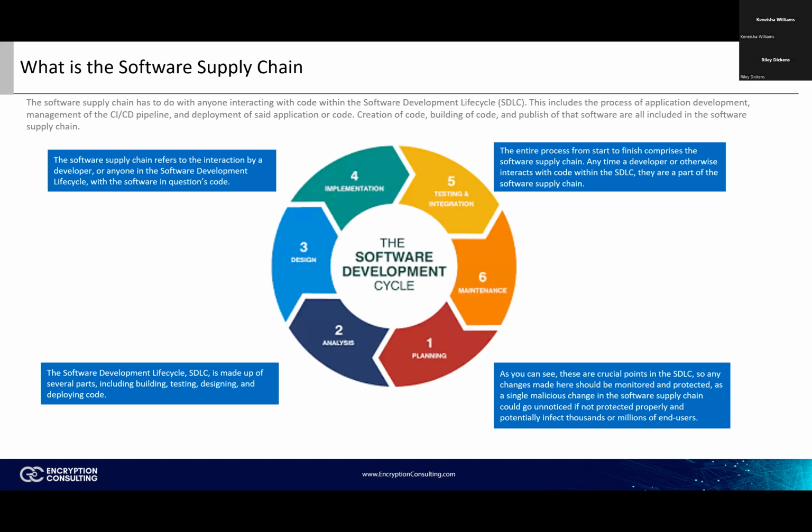So what is the software supply chain? The best description of it is really any interaction by a developer or anyone within the software development lifecycle where they specifically handle the software in question. So the software development lifecycle, just to give you a little bit of background, is this wheel I have in the middle here.